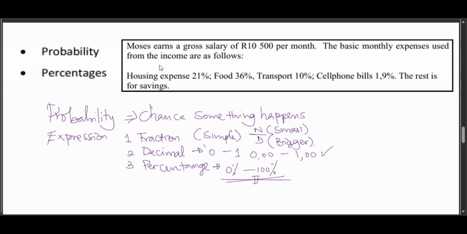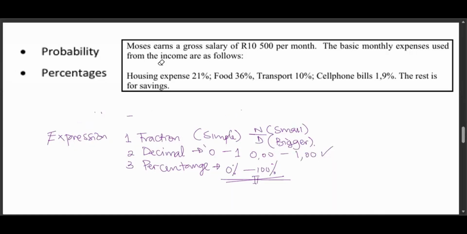We have an example up here. We shall use it for percentage and probability. You might be asked what is the probability of picking house expenses.